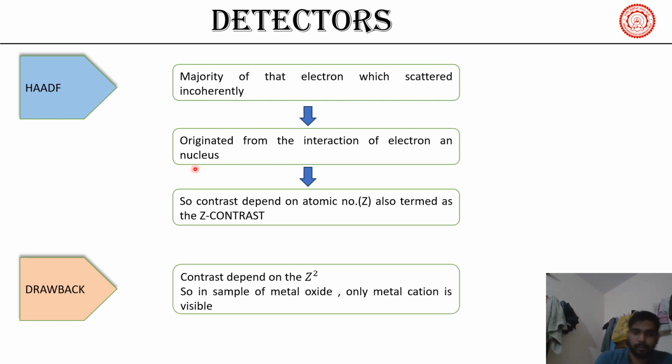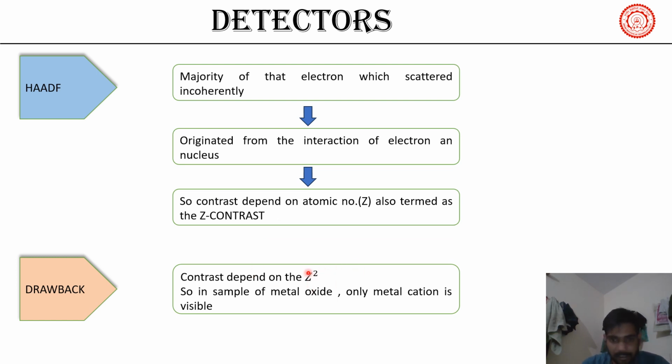Now it has a drawback also, which is that contrast depends on the square of the atomic number. In general, in a sample, if we have a metal oxide, then only the metal cation is visible. The metal has a high atomic number and oxygen has a low atomic number, and the contrast depends on Z squared.